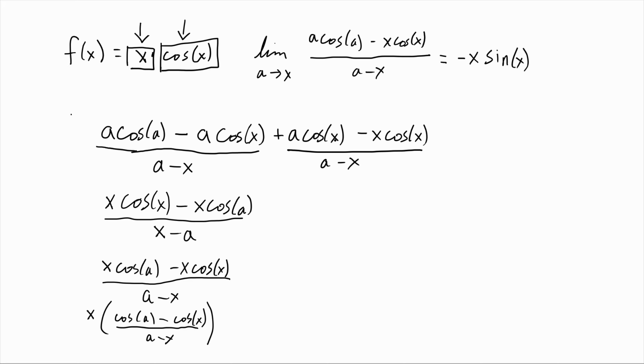In fact, we could just factor out the cosine x in this case. And factoring it out, well, that's nice. We have a minus x divided by a minus x. Those will cancel, right? And then we're left with just cosine. So then we have just plus cosine of x.